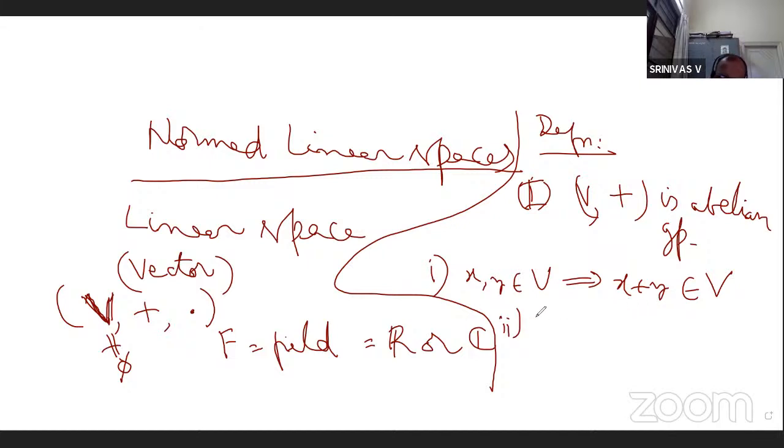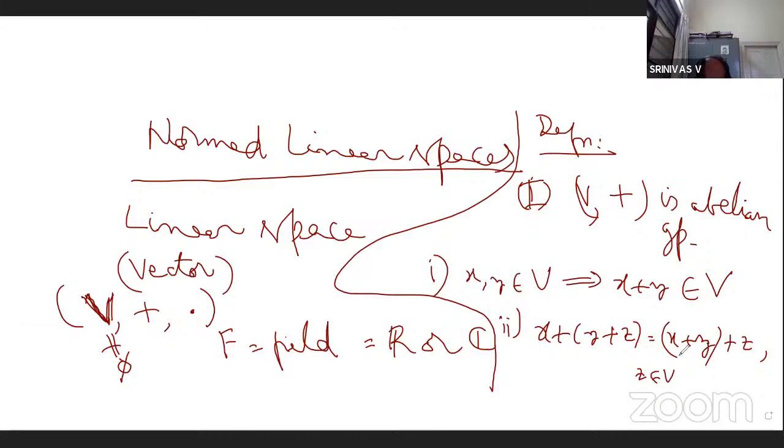Next, we want this addition to be associative. That is, x plus (y plus z) is equal to (x plus y) plus z for all x, y, and z belonging to V. On one side, first you are adding y and z, and then to that sum you are adding x from left.